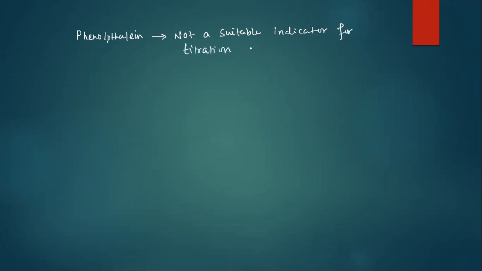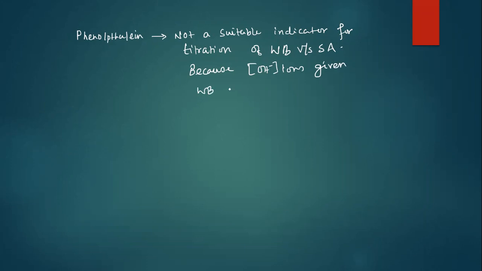Look, phenolphthalein is not a suitable indicator for titration of weak base versus strong acid, because the OH minus ions given by the weak base are not sufficient to shift the pH to 8.3.